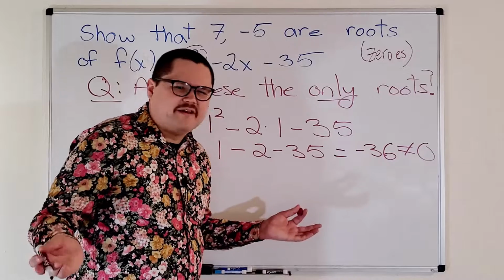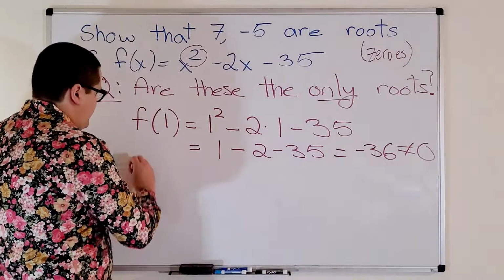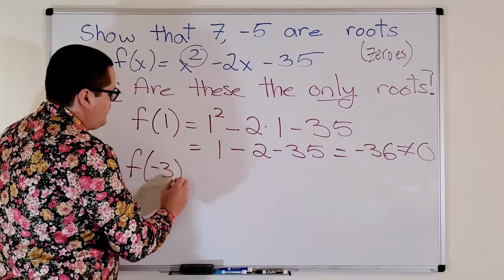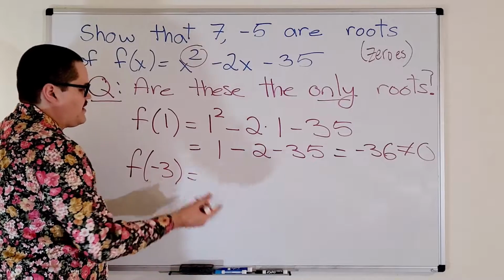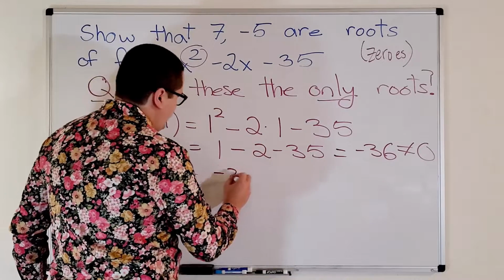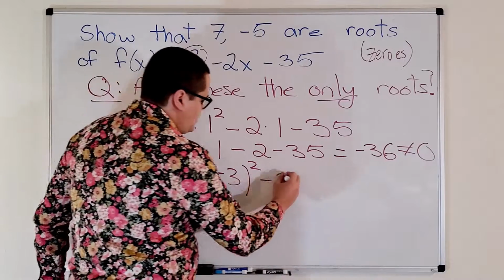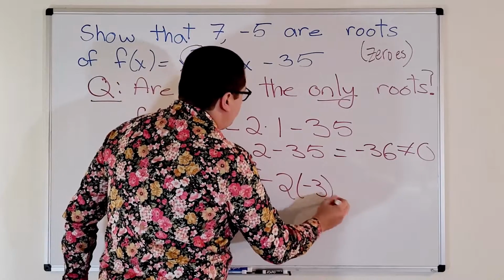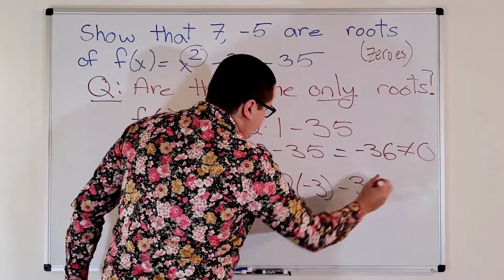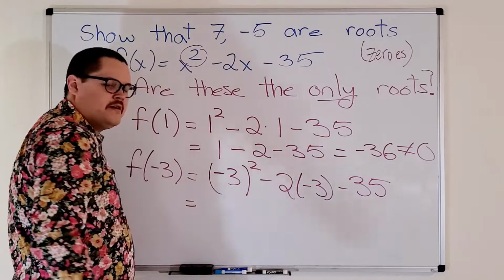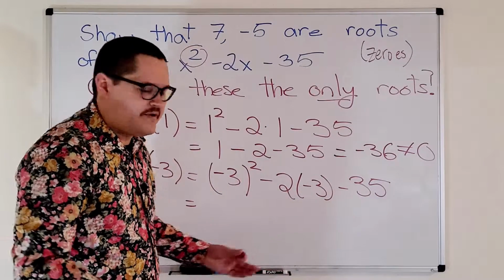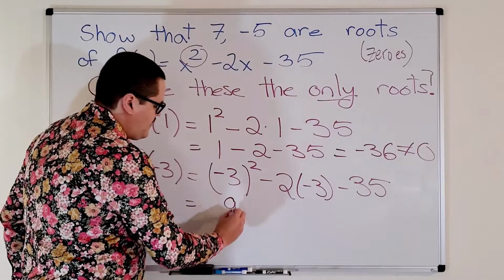What about another one? Maybe negative 3? Let's try that. Okay, so f of negative 3 is negative 3 quantity squared minus 2 times negative 3 minus 35. Negative 3 times negative 3 is positive 9.